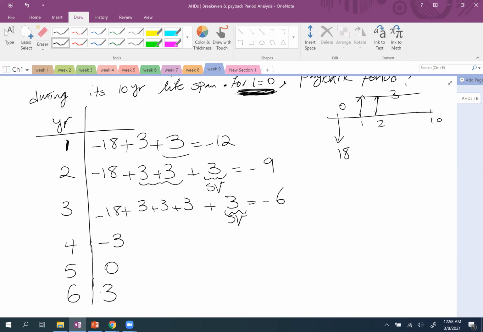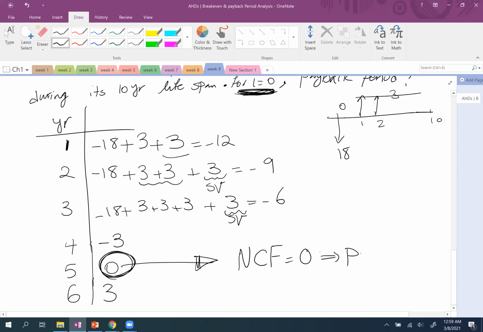So therefore, because of this reason that my net cash flow is equal to 0, I can conclude that my payback period, simple payback period, is equal to 5 years.